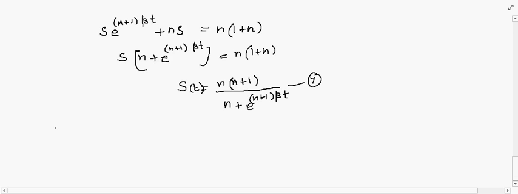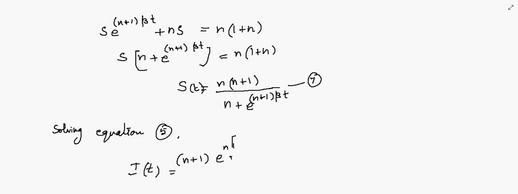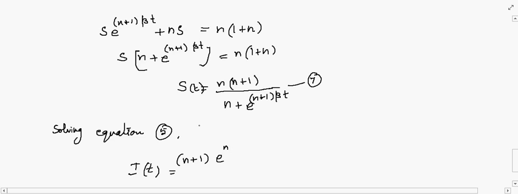so I will write it as, solving equation 5, we will get I(t) = (n+1) e^((n+1)βt) / (n + e^((n+1)βt)).